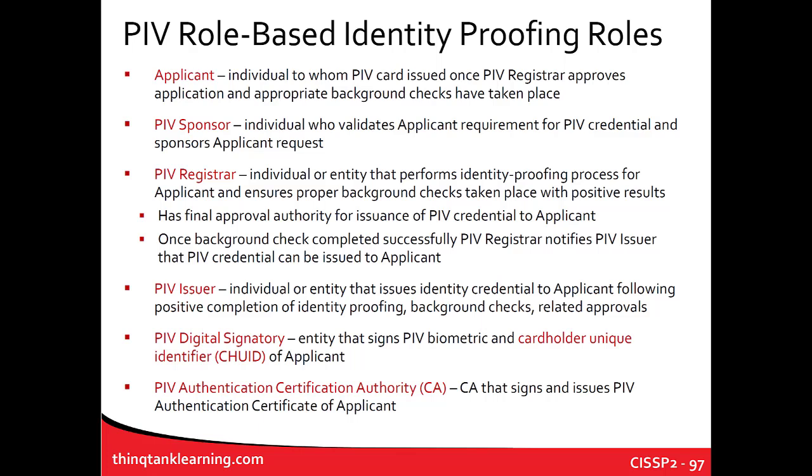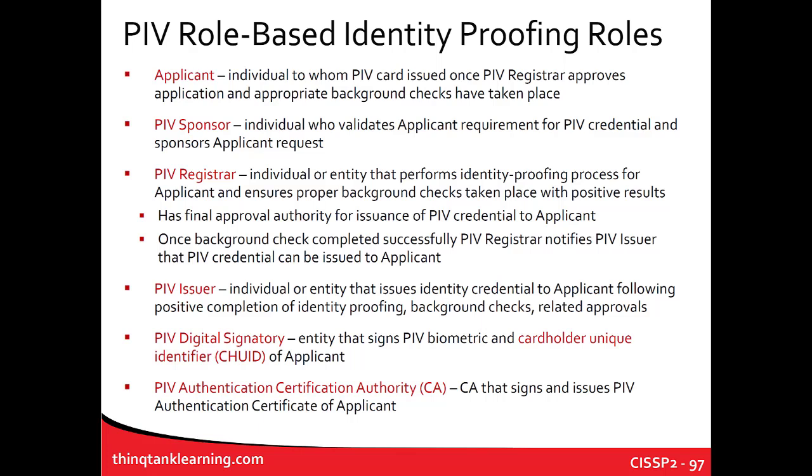The registrar themselves are the ones that are doing the identity proofing and the background checks. They're making sure that everything is processed. They're also the ones that have the final approval authority before they actually issue the credential. They don't do the issuance, but they have that final approval.